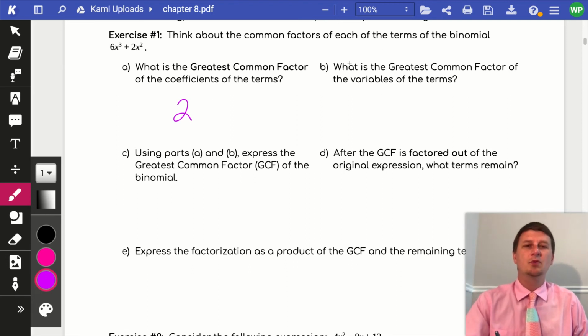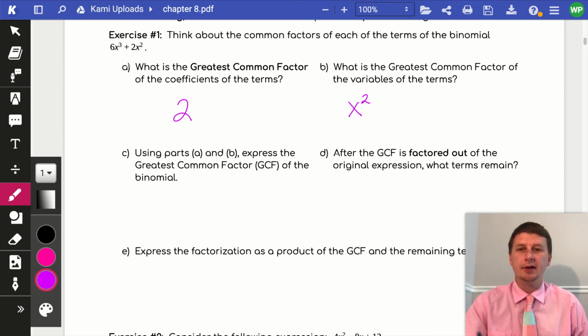Now in part B, it says, what is the greatest common factor of the variables of the terms? So we have an x to the third and we have an x to the second. So the way I like to look at it is, what is the most amount of x's they both have in common? Do they both have at least an x? And you look at x to the third and x to the second, and the answer is yes, they both have at least an x. So then you up your game by 1. And do they both have at least an x squared is the next question.